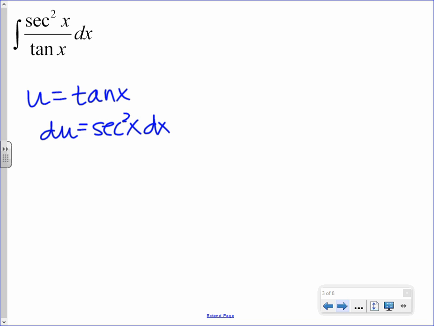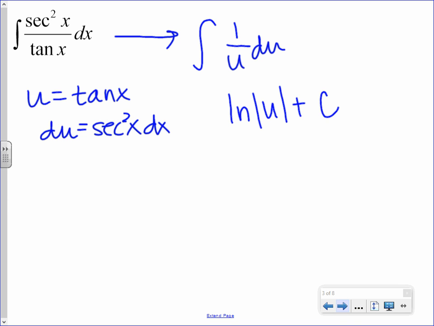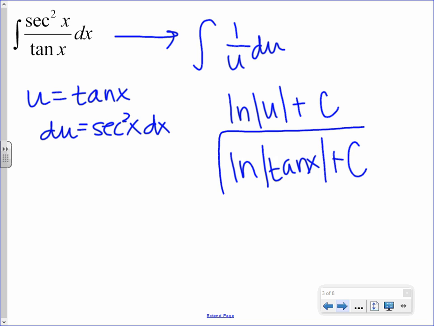So our integral becomes, quite simply, 1 over u du. So we have the natural log of the absolute value of the tangent of x plus c.